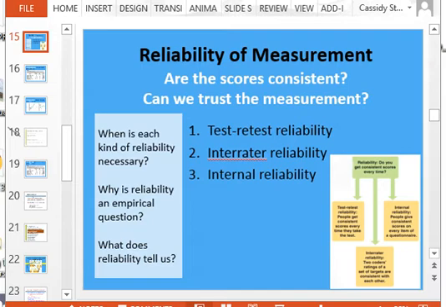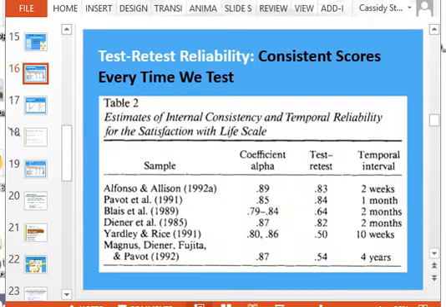So as psychologists, or if you're studying in the business sector, you want to know that the results that you get the first time are going to be similar to the results that you get every time you give the test. So the first type of reliability is test-retest reliability. This may seem obvious. Basically, when you give the test once, you'll get some value.